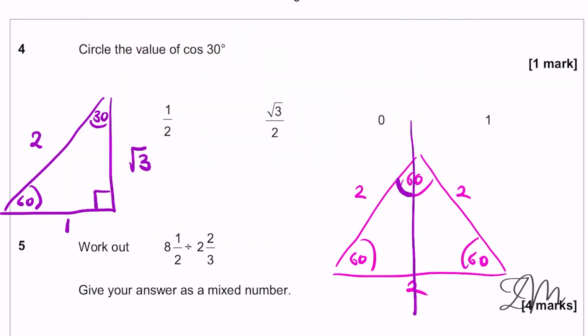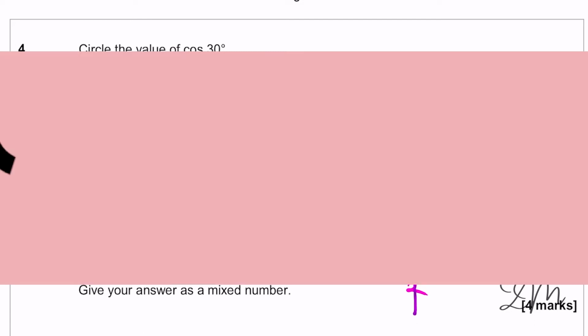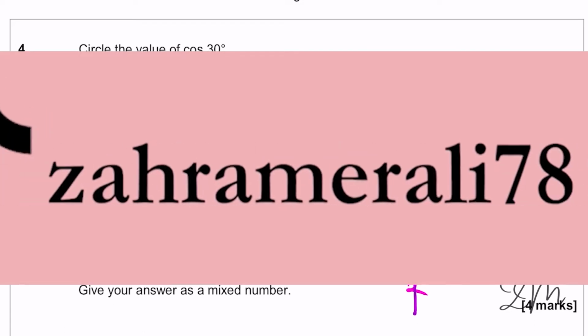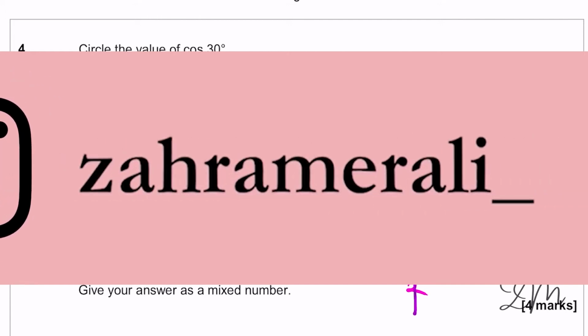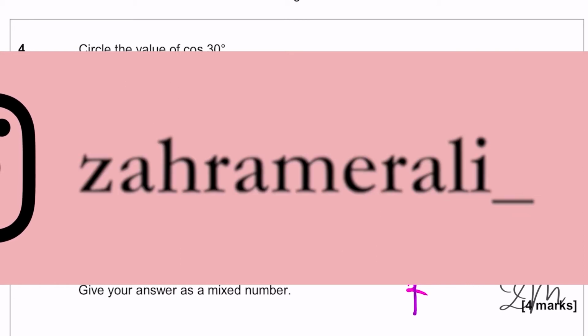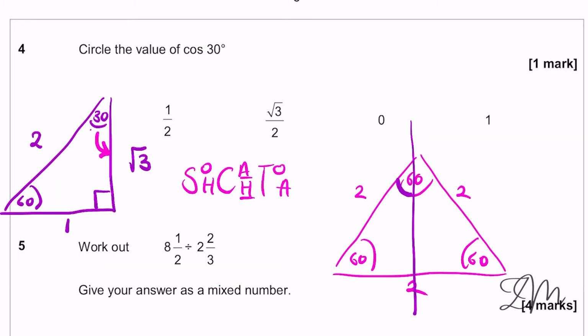So now, if we want cos, we go to SOH CAH TOA. So we've got adjacent over hypotenuse. For the 30, the adjacent is root 3 and the hypotenuse is 2. So it's going to be root 3 divided by 2.